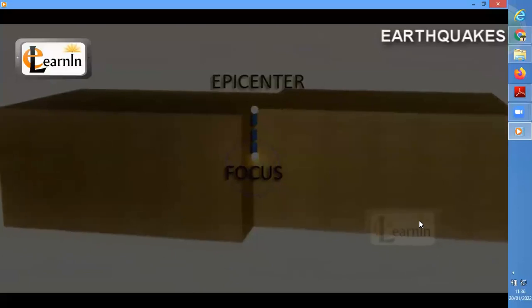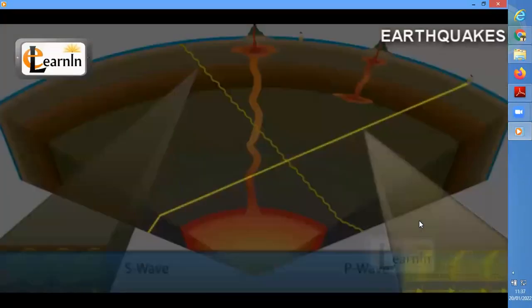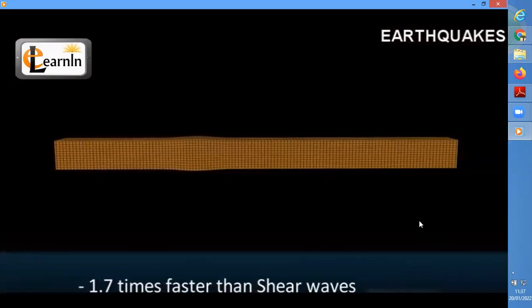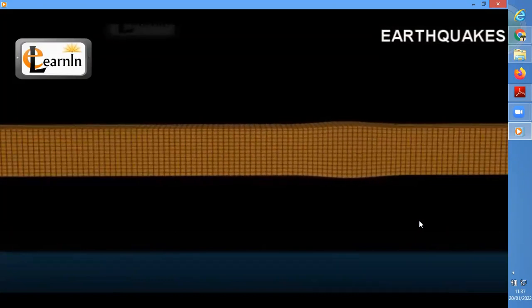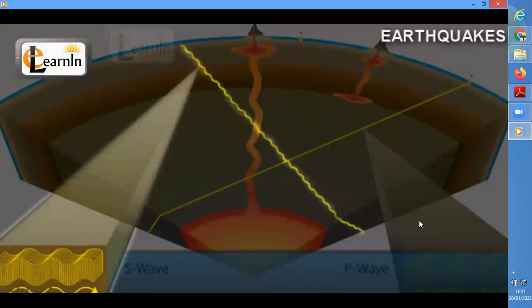They are the P, S, and L waves. The compressional waves are the first to reach the earthquake recording station as they travel 1.7 times faster than the shear waves and are therefore called primary or P waves, while the shear waves are called secondary or S waves.